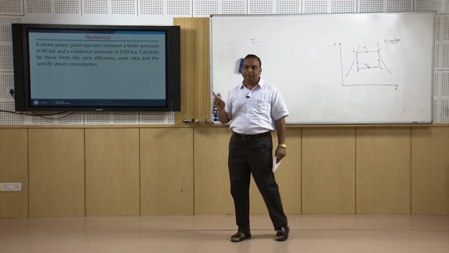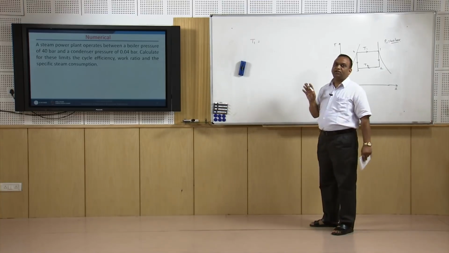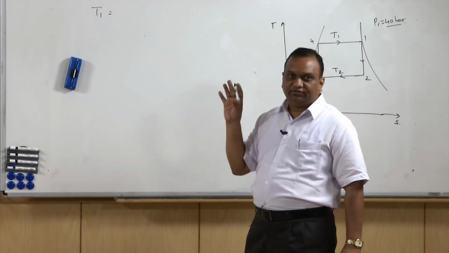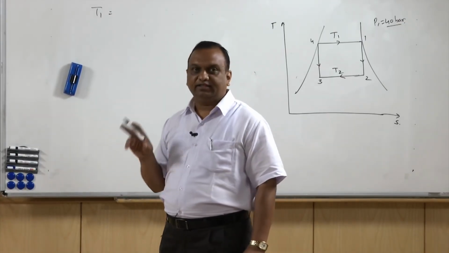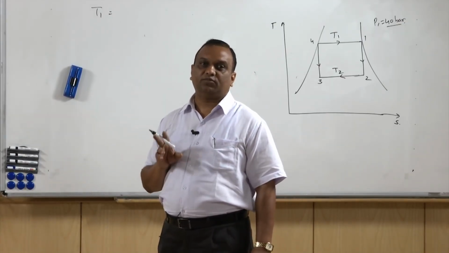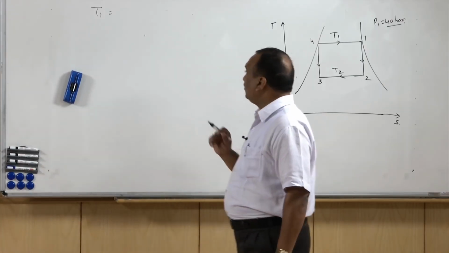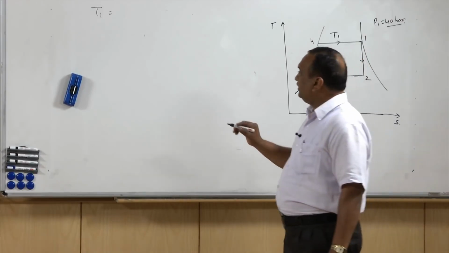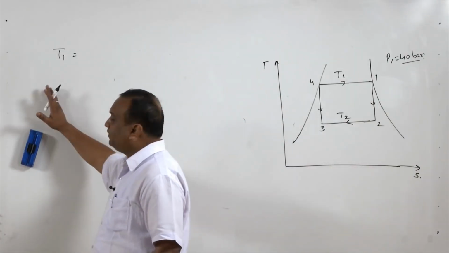You purchase any of the steam tables available in the market, because steam table will be frequently required in this course. And take the steam table which has Mollier diagram also, because sometimes we will be using Mollier diagram also.